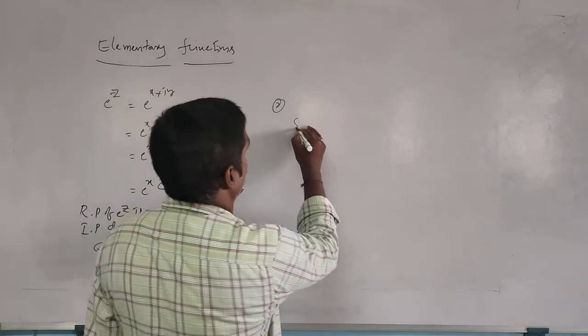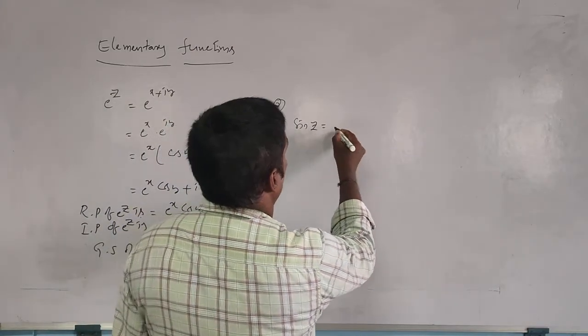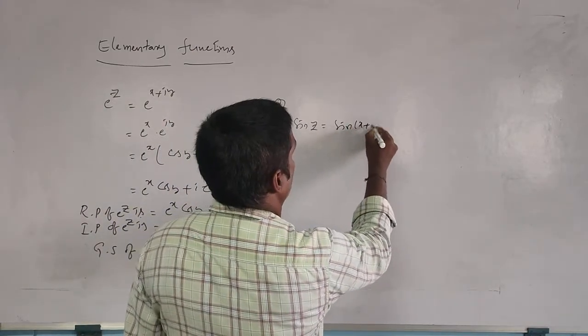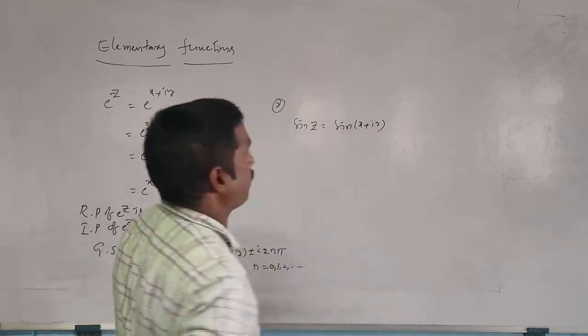sin z equals sin(x + iy), because z means x + iy.